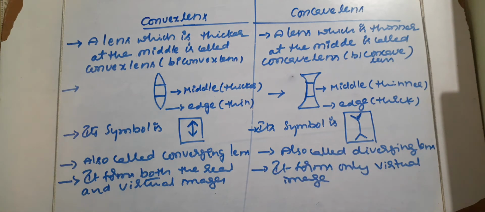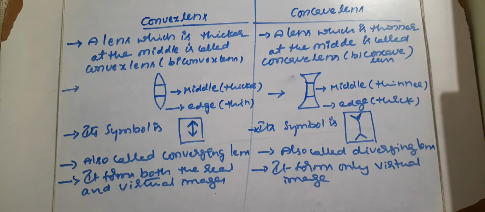Concave lens is also called diverging lens. Biconvex lens can form both real image and virtual image. Biconcave lens can form only virtual image. Students, you may take a screenshot and write in the notebook in the form of a table showing the differences between convex and concave lenses.